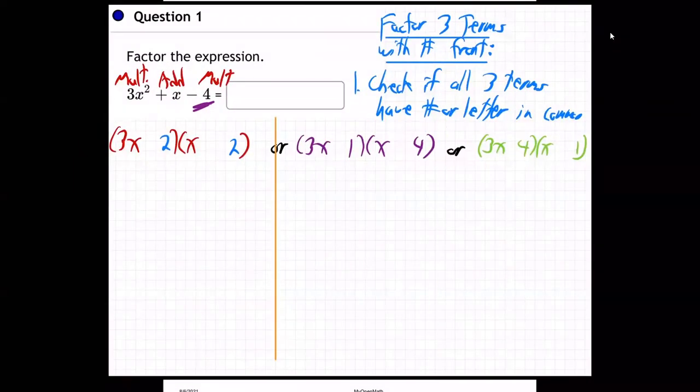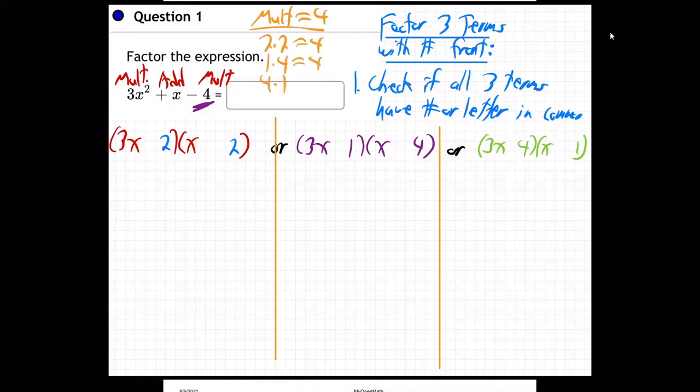That's where this gets hard. We have 3 different options, because there are different options for what multiplies to be 4. 2 times 2 is 4, or 1 times 4 is 4, or 4 times 1 is 4.